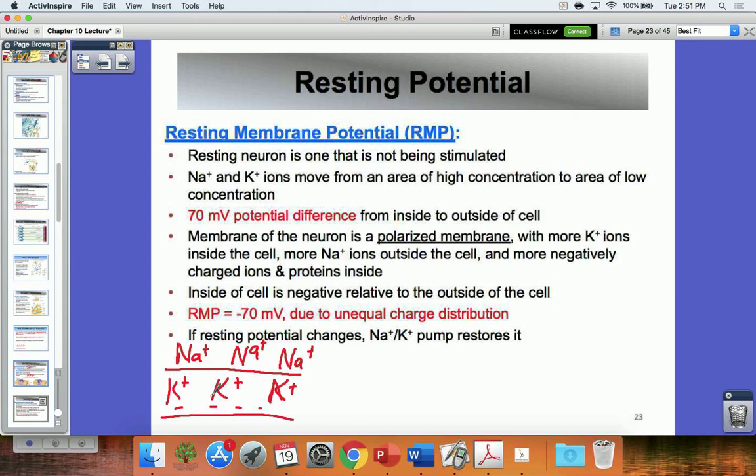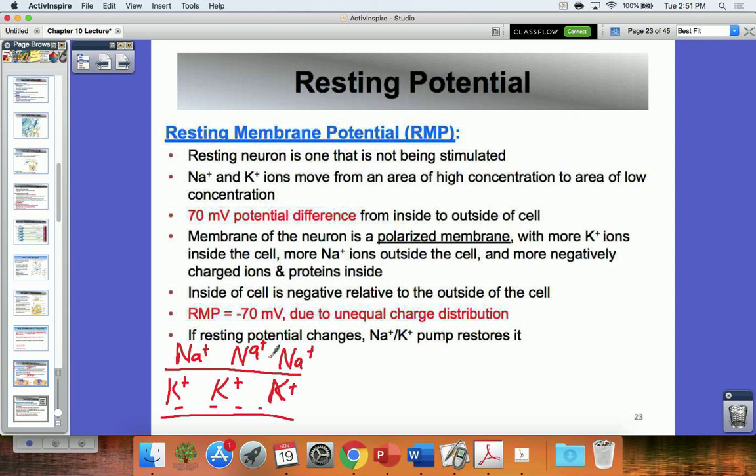So at rest, the inside of the cell is a lot more negative, specifically negative 70 millivolts, than the outside of the cell. Okay? We want this to remain the same if there's no nerve impulse. But even if there's a nerve impulse that's sent, this is going to all change.